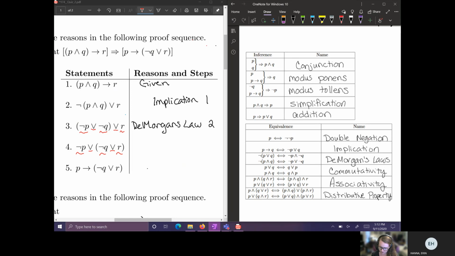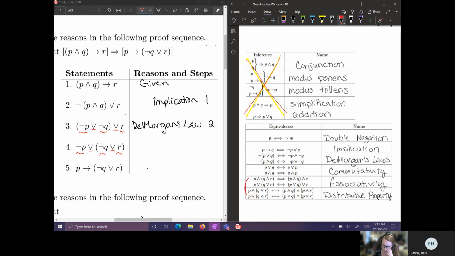So let's go over to our list of rules and see which one deals with moving parentheses. So none of our inference rules seem like they're going to hold in that case. And the only ones of the equivalence rules that look like they move parentheses, you might say, are either associativity or the distributive property. Let me just go through both for the sake of thinking too many could possibly be the option here.